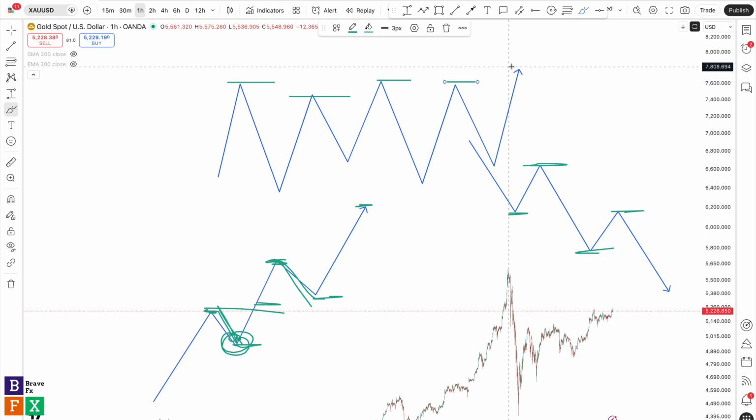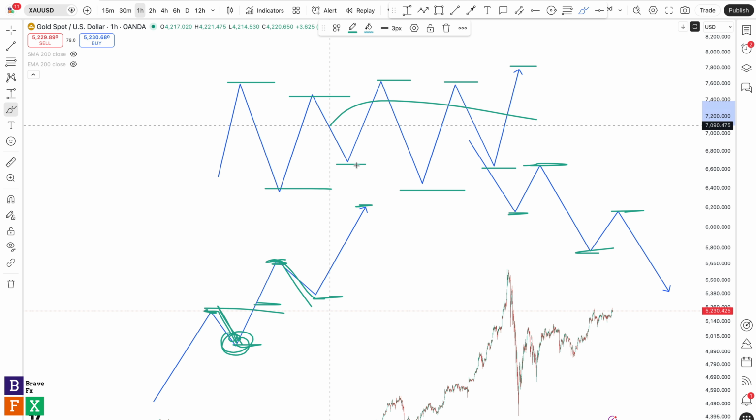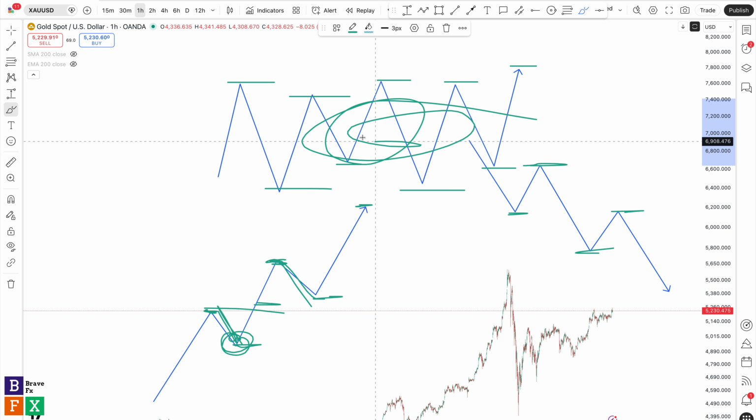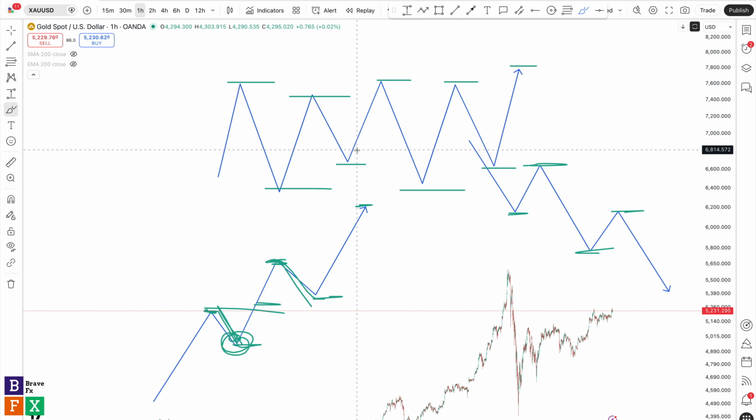There's no clearly defined structure showing us that price is going higher. Price is just stalled. So what this means is the price is consolidating. The price is having a hard time deciding where to head. You shouldn't be trading under these circumstances, right? You should be patient and waiting for the market to decide its direction before going long or short.